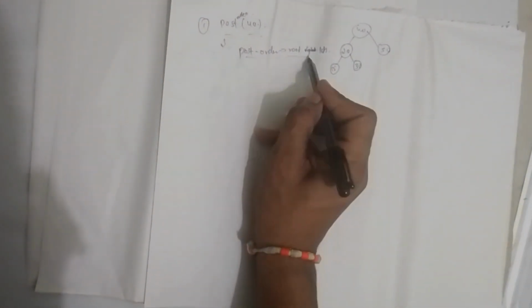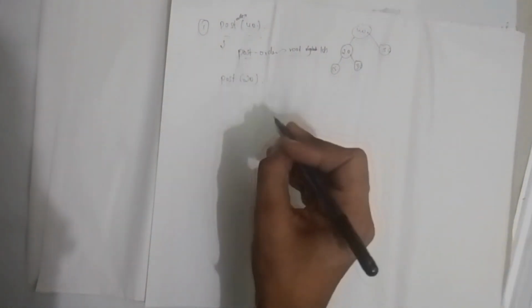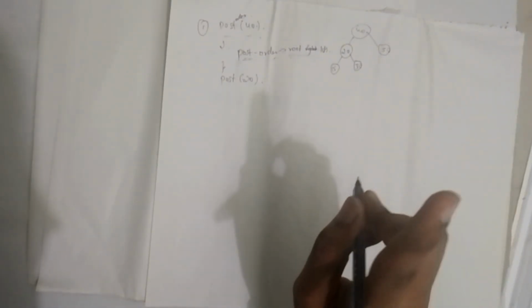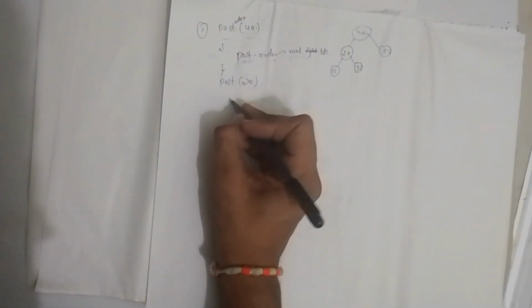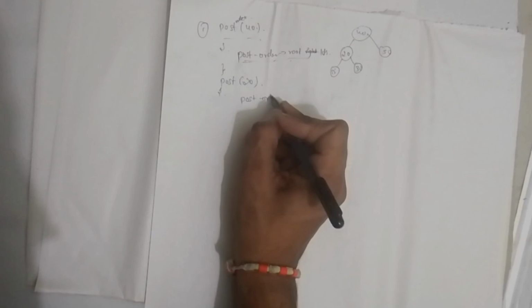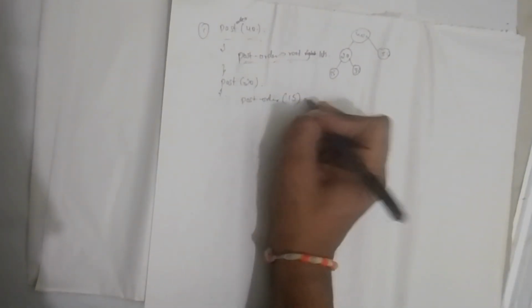So the tree now traverses to 20, so post 20. See, the other two functions are still not executed. Now post 20 is called, so again it will check the root is not null, so again it will call post order 15.